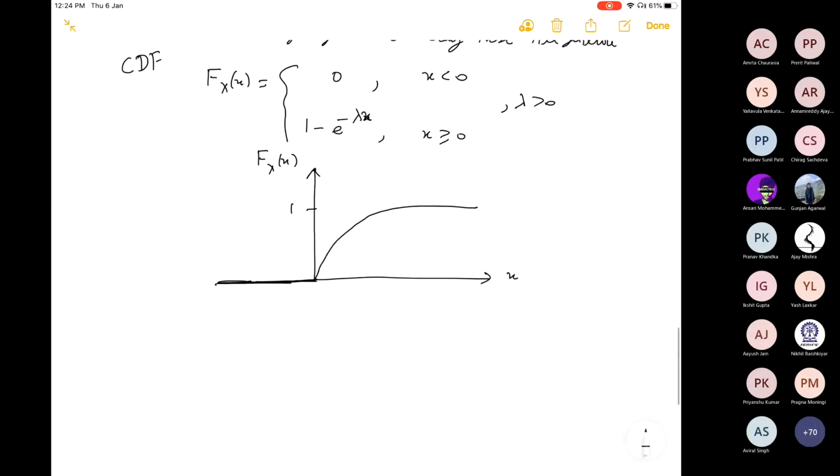Okay, so here you can see that this is continuous type. Also the derivative exists except at some points. So this is the CDF. We can also find the probability density function here. As we have probability mass function in the discrete case, this is the continuous case.